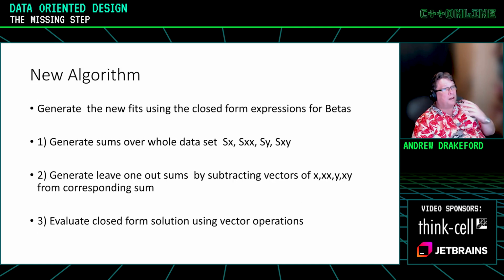So our new algorithm is to generate the new fits using the closed form of the betas by first of all generating these sums and the leave one out sums in 2n operations, and then evaluate the closed form using a sort of vector-like form. So we're solving for beta 0 and beta 1 in a parallel manner.